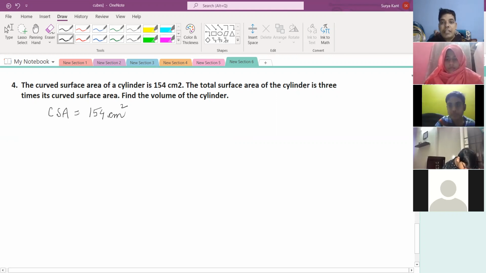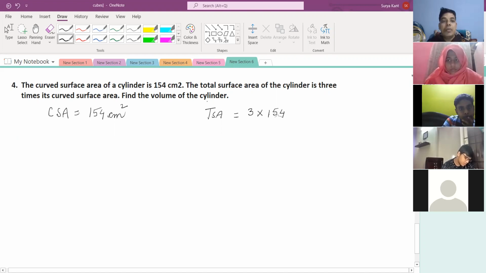Total surface area of the cylinder is 3 times its curved surface area. So what can we write here? TSA is equal to 3 times, so 3 into 154.